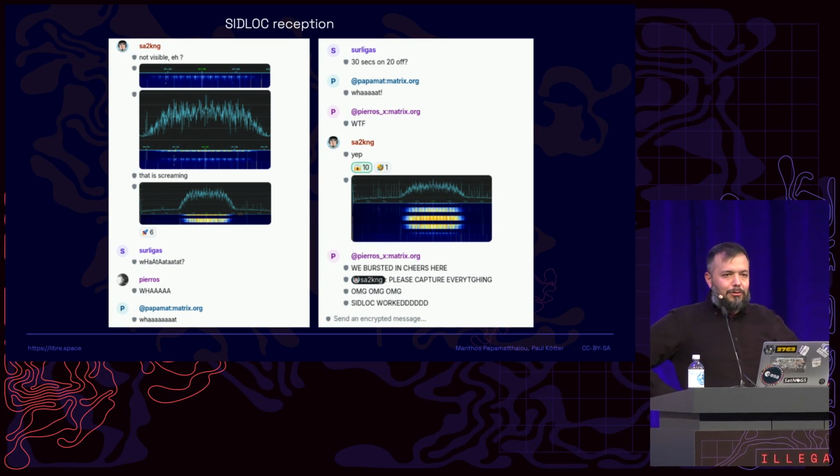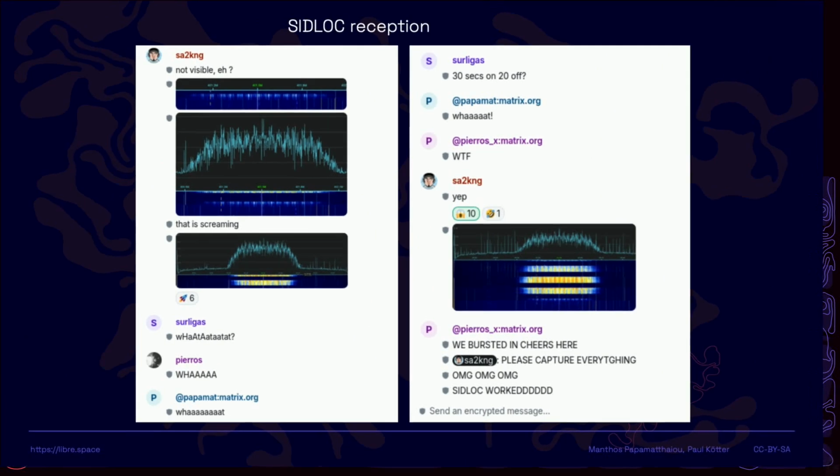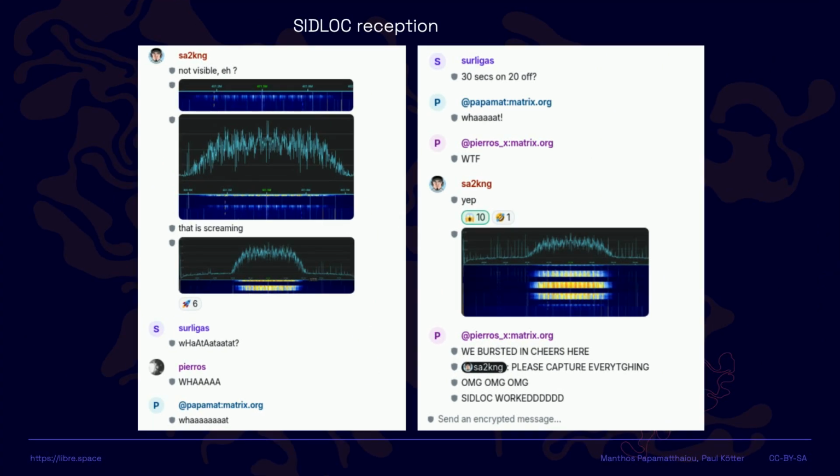And yes, we got signals from SIDLOC. Those are the first signals from SIDLOC, and the contributor called SA2KNG used his station in, I think, Germany or Netherlands, somewhere in Northern Europe, to record signals from SIDLOC.